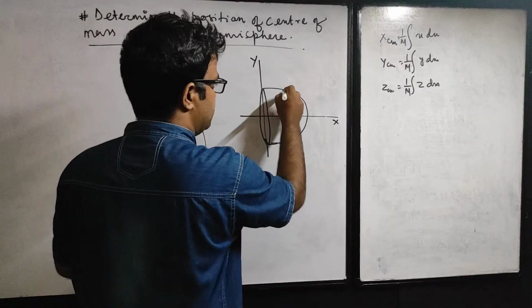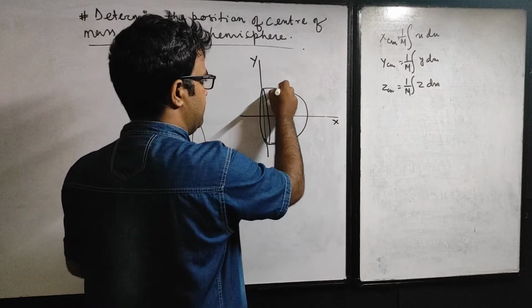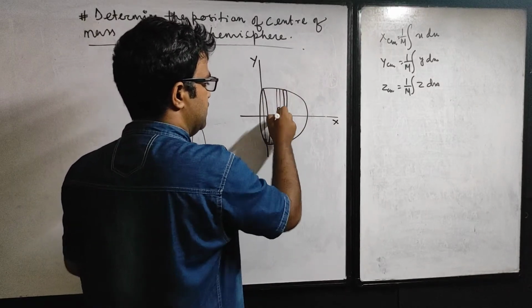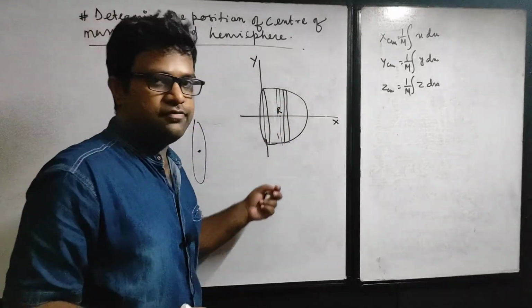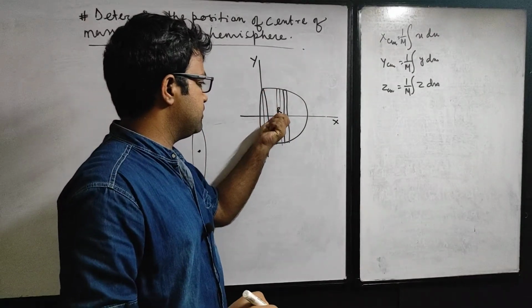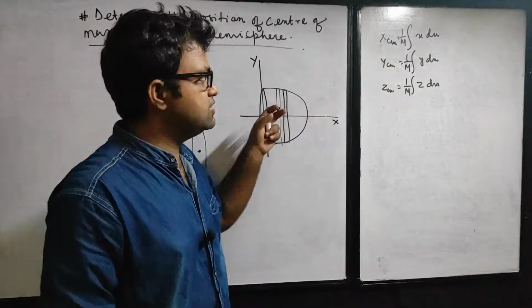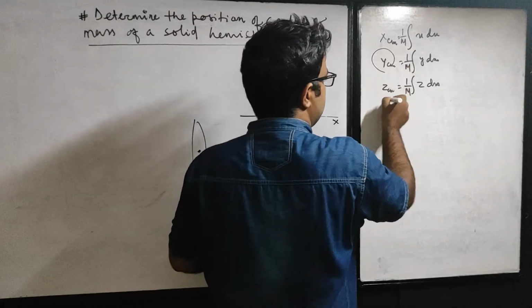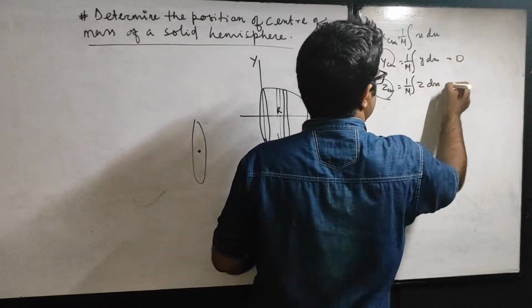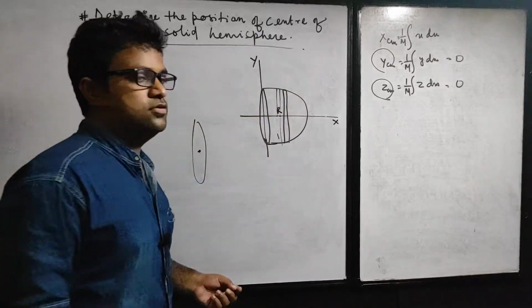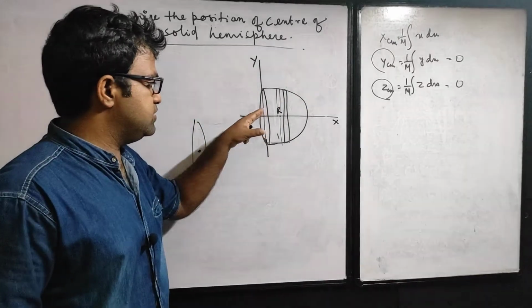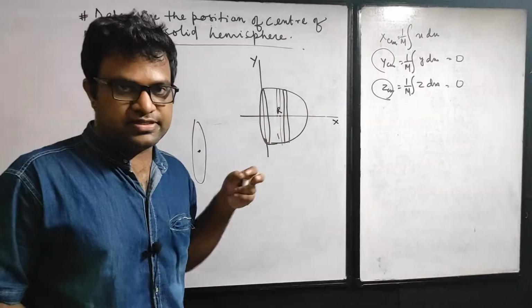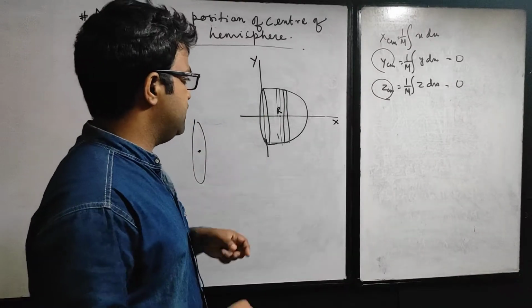So if you cut it into an infinite number of small discs, the center of mass for each disc will be on the x-axis only. That means there will be no ycm and zcm, both will be 0. So the center of mass will be somewhere on the x-axis.